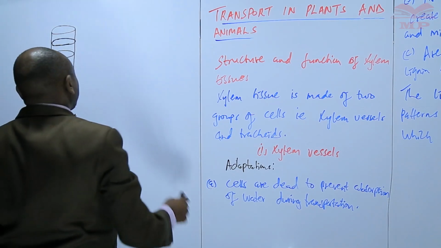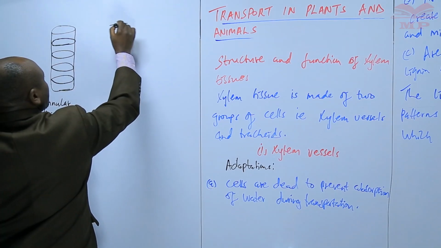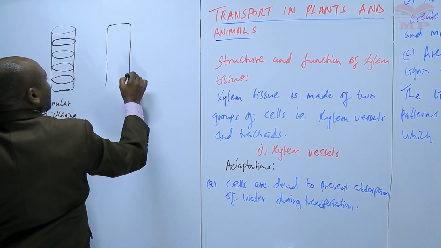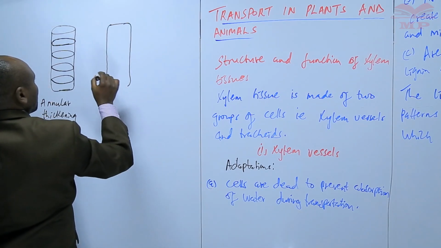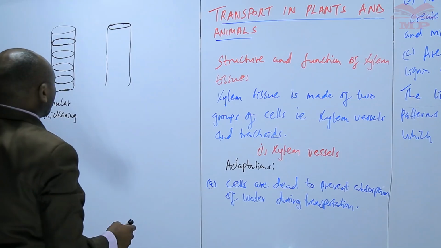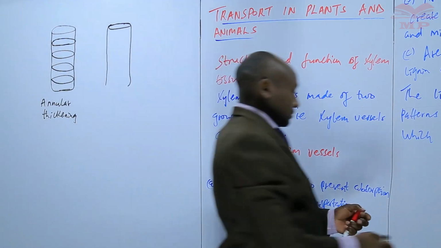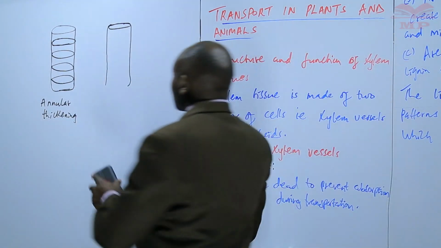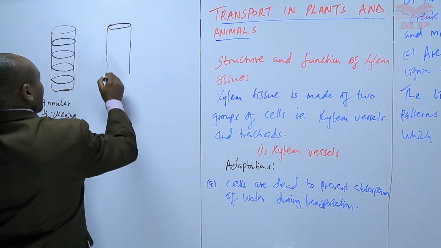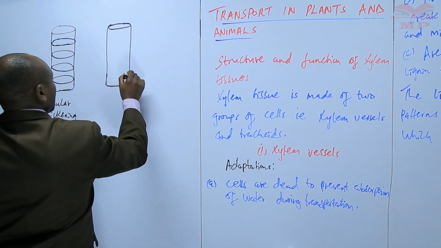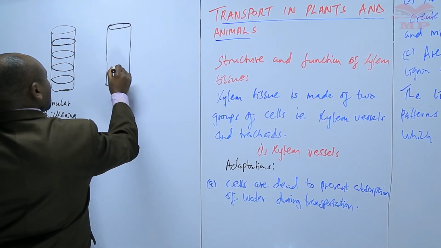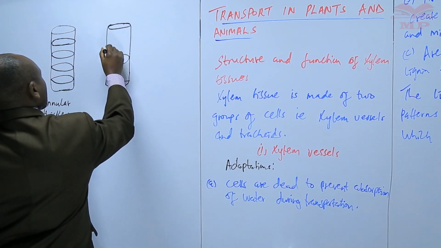We have another one whereby the xylem is deposited with lignin in form of spiral rings.